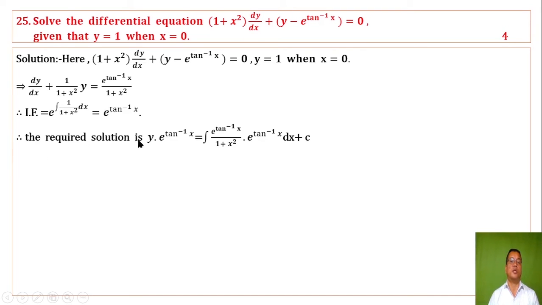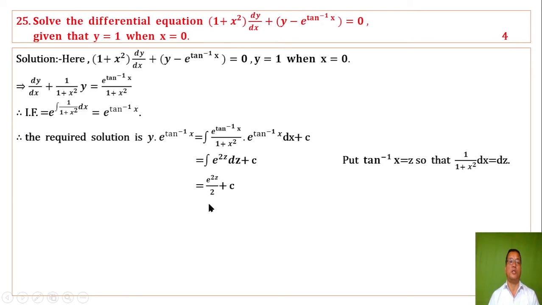Therefore, the required solution is y into integrating factor equal to the integral of this expression into integrating factor dx plus c, which is equal to this. Put tan inverse x equal to z, so that its derivative 1 by (1 plus x squared) dx equals dz.